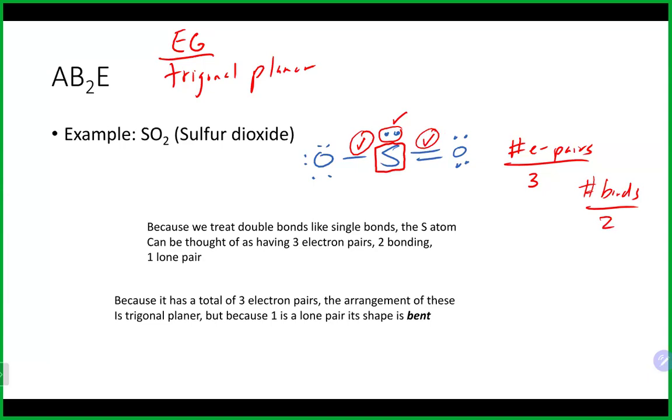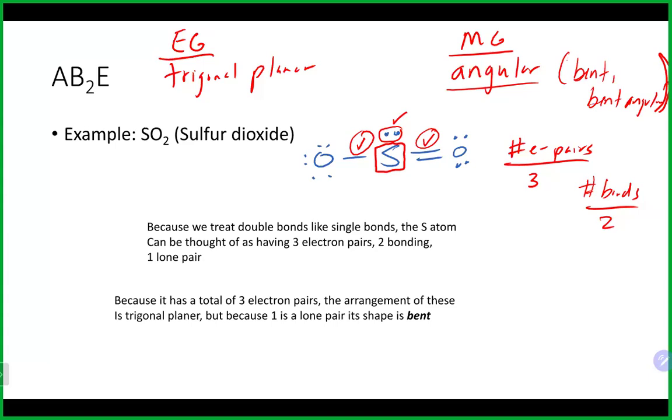Now, something with 3 electron pairs and 2 bonds has a molecular geometry name of angular. Now, some people will call this bent, some people will call this bent angular, but we're just going to go with straight up angular on this one.